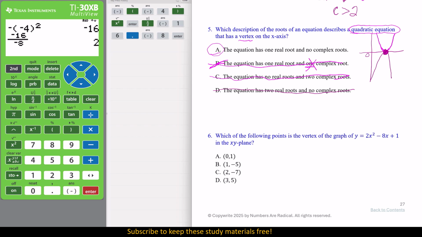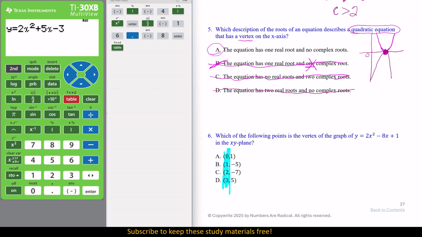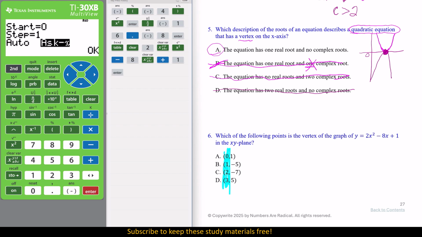We'll test them out. So let's do this. Table, go ahead and just clear it and type in fresh. 2x squared, minus 8x plus the 1. Push enter and leave everything exactly the way it is.